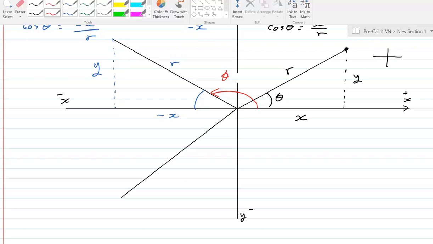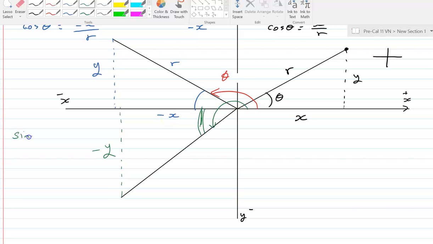We do the same thing in quadrant 3. Here is the standard position angle right there, but we're using the reference angle, which is right there. So create a triangle again. In this case y is negative and x is negative.